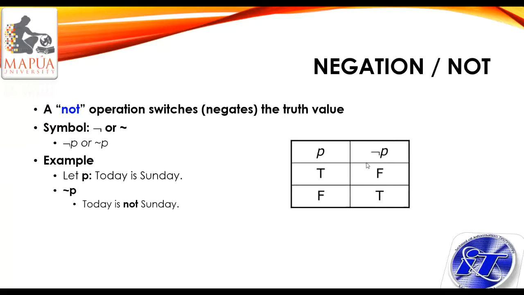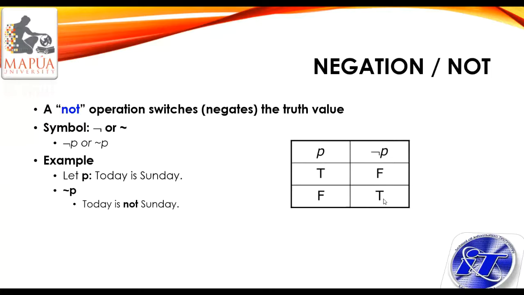Like in this truth table, the first column shows all possible values of P, and the second column shows the corresponding result when negation is implemented. So when P is true, when we negate it, it becomes false. When the original statement is false, when we negate it, the statement will be true. So that's how negation works.